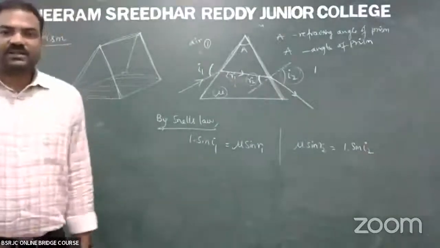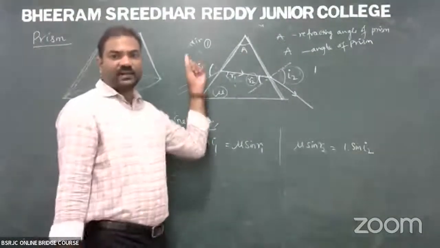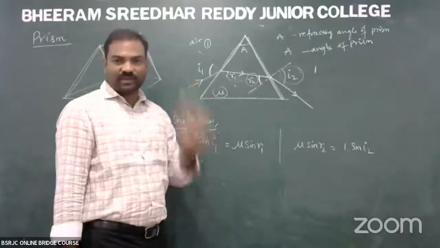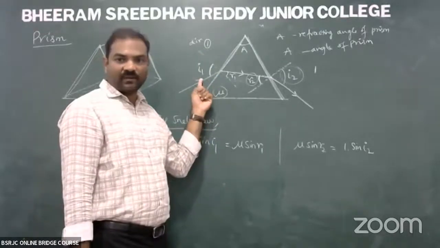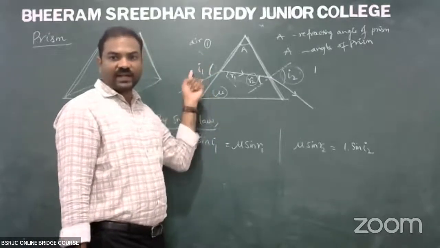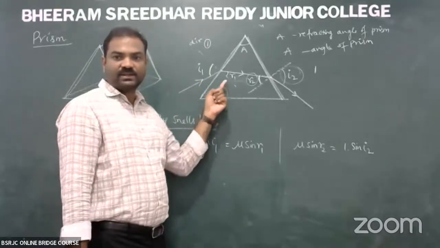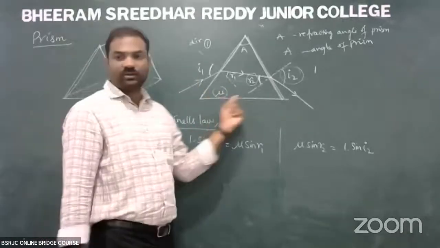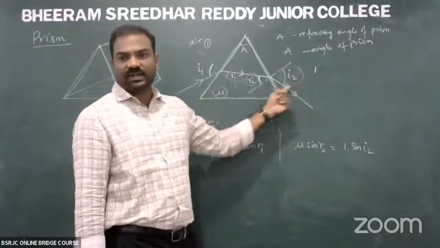Already we discussed Snell's law: the refractive index of the material into sine of the angle at the medium is constant. Refractive index is 1, angle is I1, so 1 into sine I1 is equal to mu into sine R1. Similarly, mu into sine R2 is equal to 1 into sine I2.